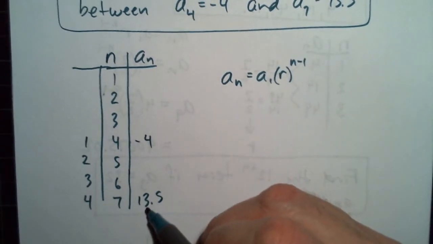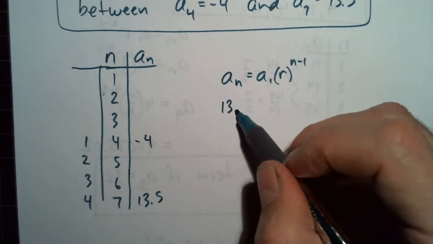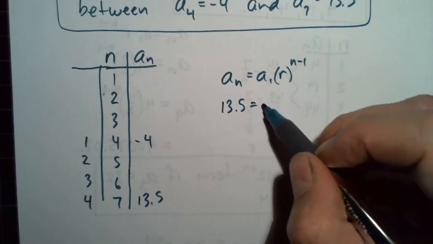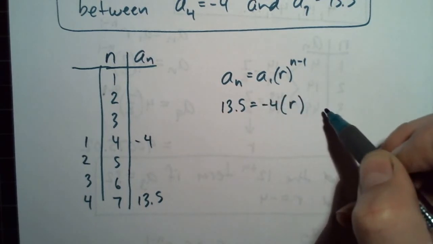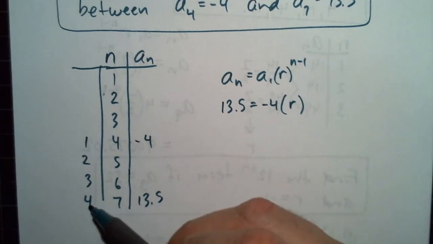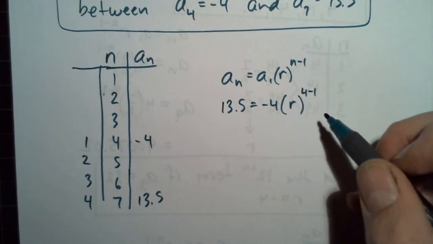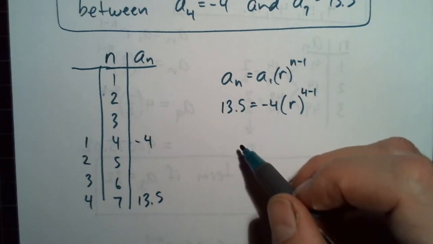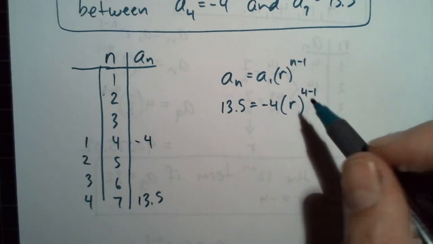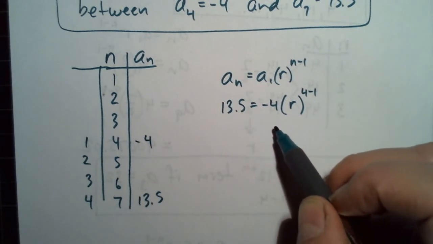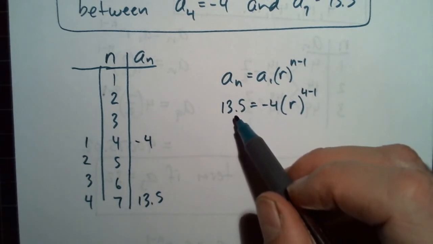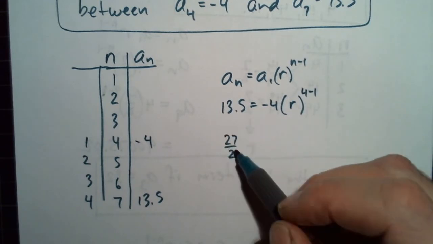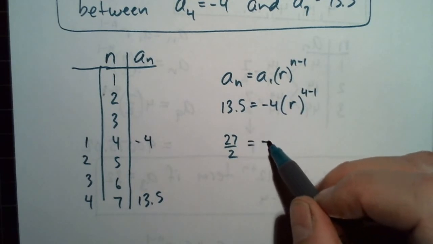So here we'll have 13.5. A1 will be -4. We're going to solve for the common ratio, and n is going to be 4. All right, it's easier to deal with fractions, so let's call that 27 over 2, which is 13.5.